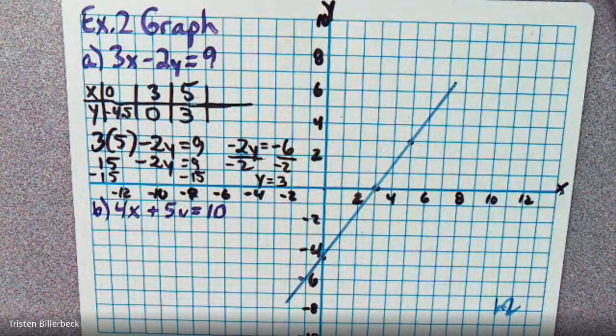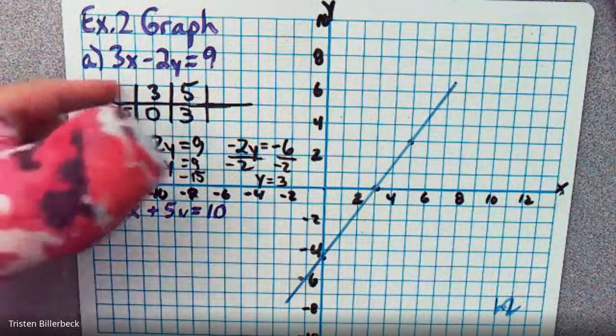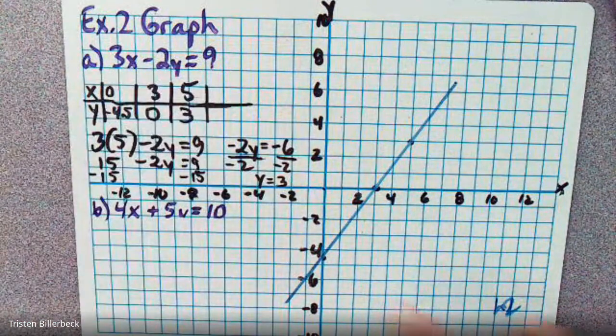So that's a great way to do it, is to make a chart. You really only need 2 points to make a line, but sometimes it's good to have a checkpoint.